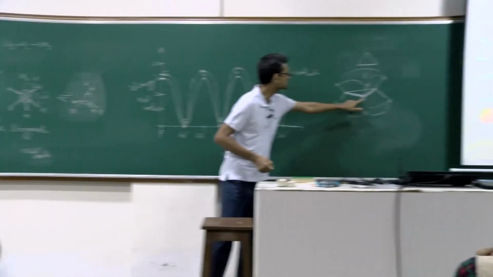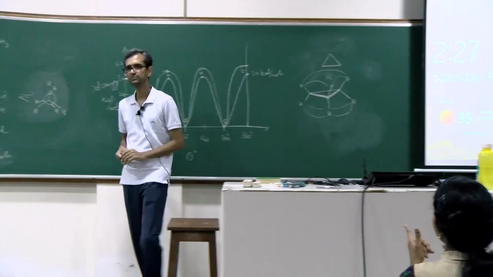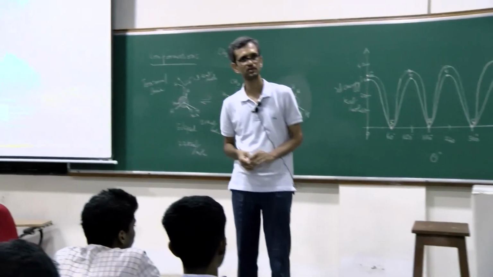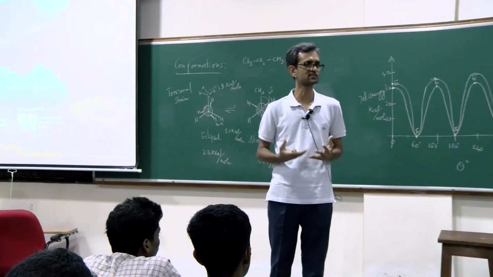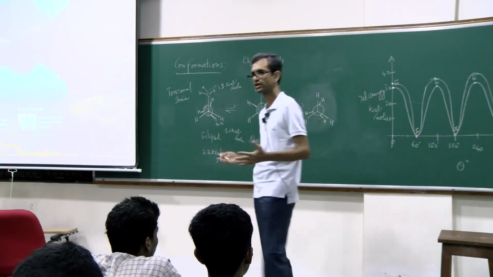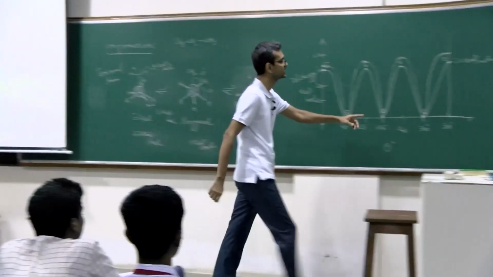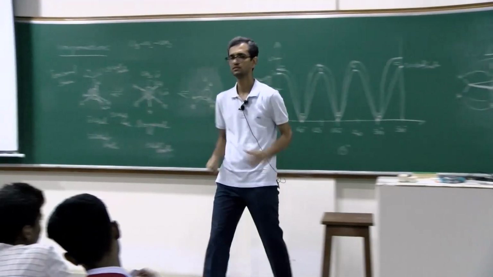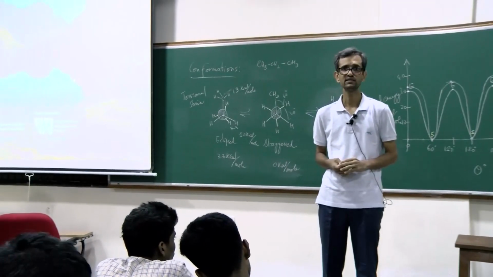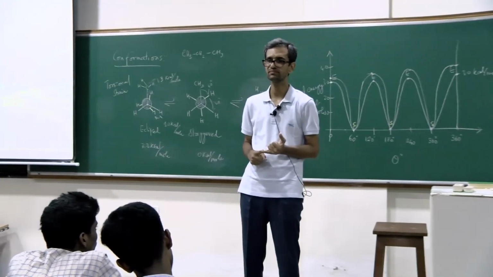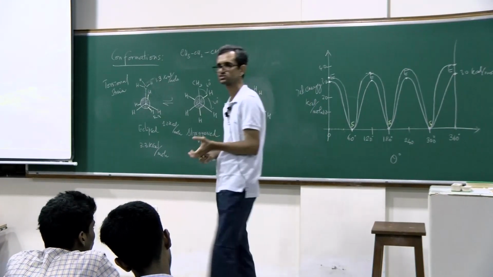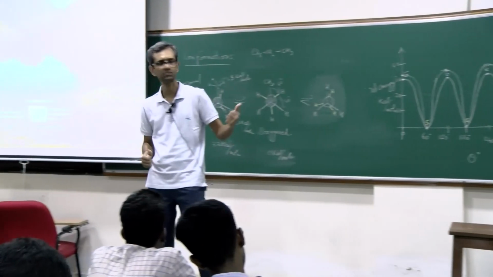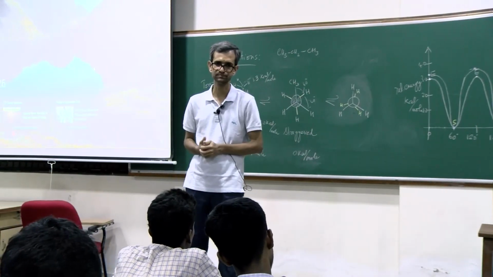Because each of these carbons is sp3 hybridized, it's supposed to possess 109.8 degrees, but what you see here, it's constrained to 60 degrees, right? So both the angular strain along with the torsional strain makes this compound so reactive.